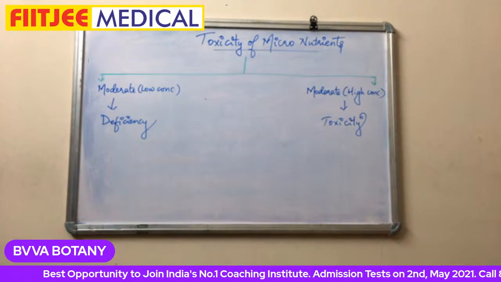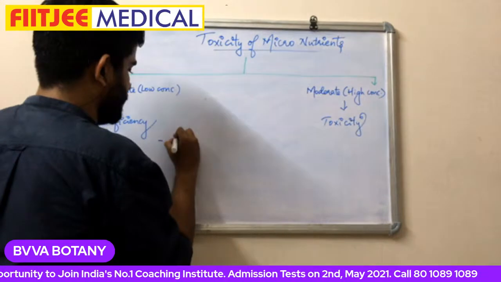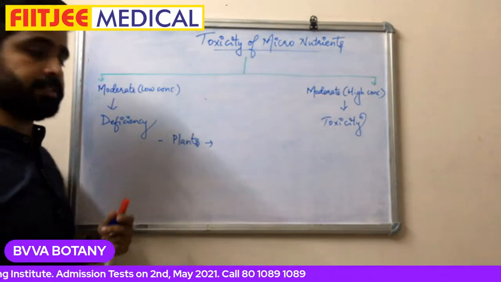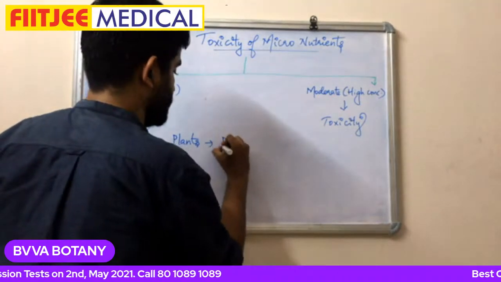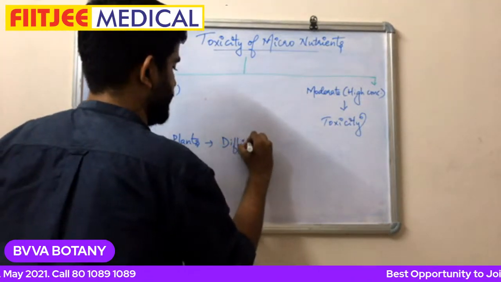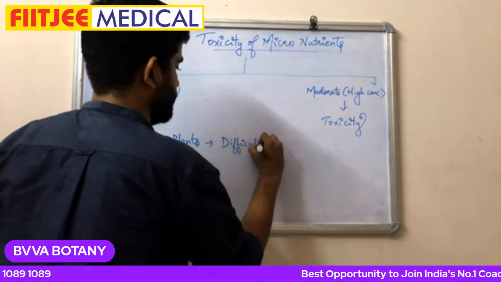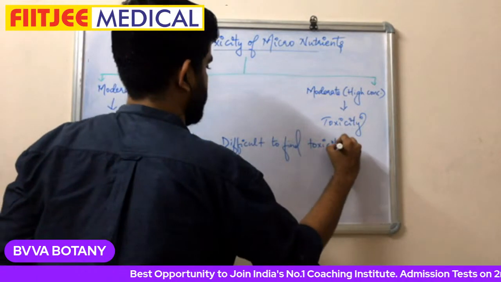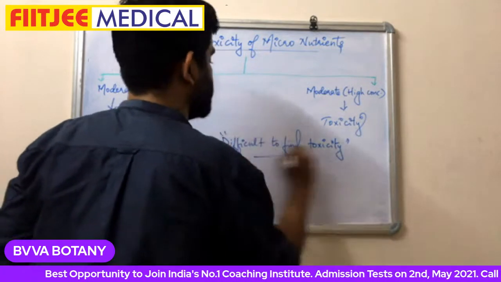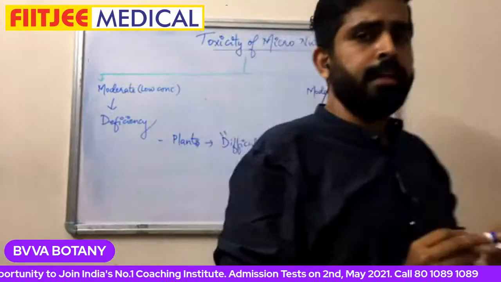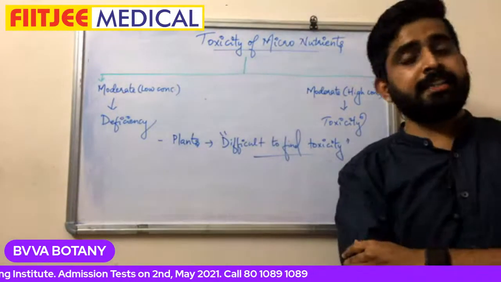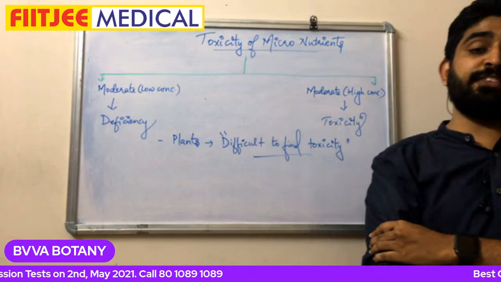Now, in plants, it is very difficult to find out the toxicity. The major reason for this difficulty is that the toxicity of one micronutrient can even cause deficiency of another nutrient.